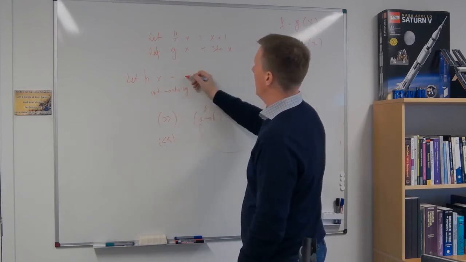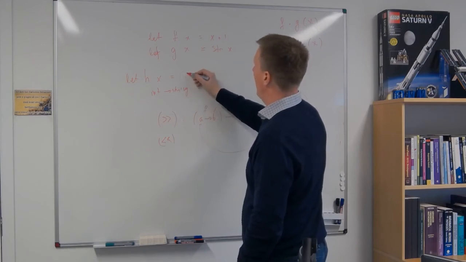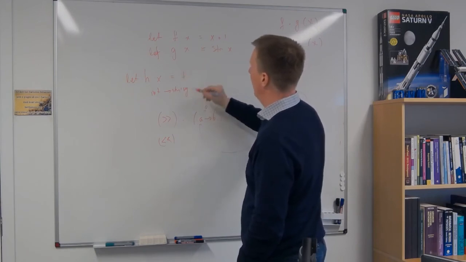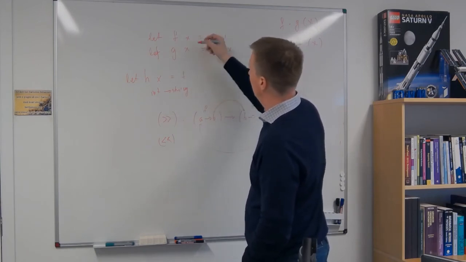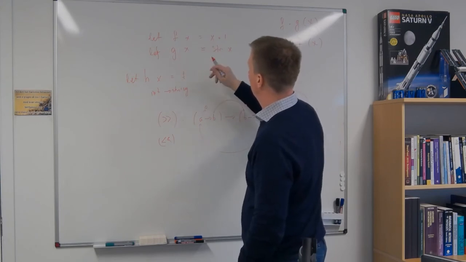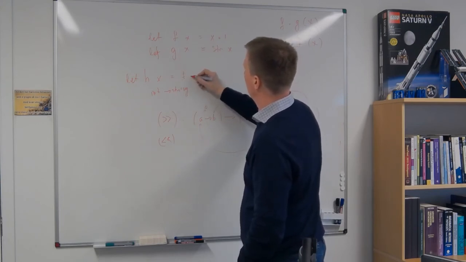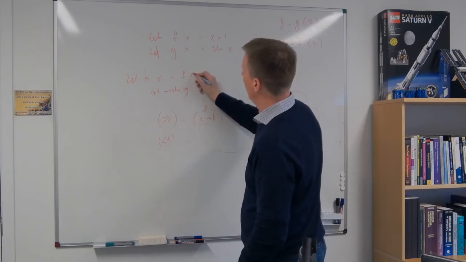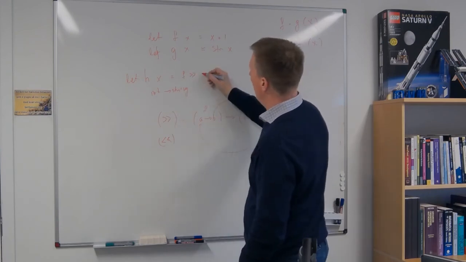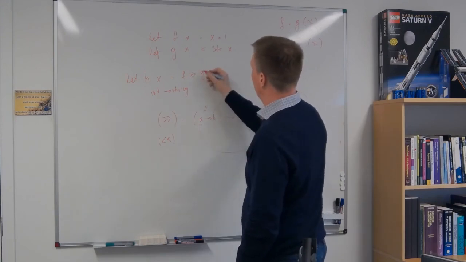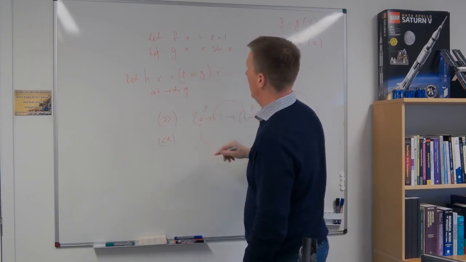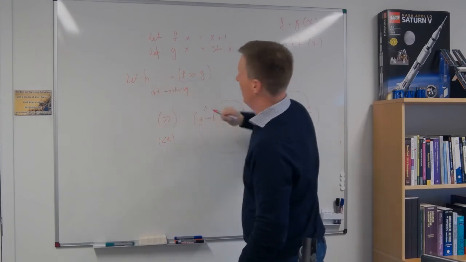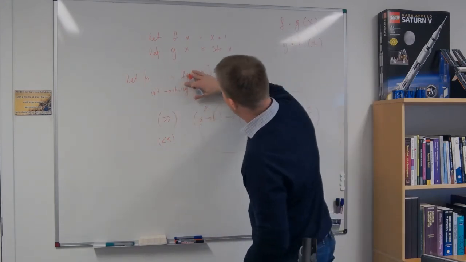So first I need to call f, because that takes an int. It produces an int. So now I can say f, and I can compose that with g, and then we call the whole thing with x. And of course, we now can get rid of the x's, and we can do it like this.